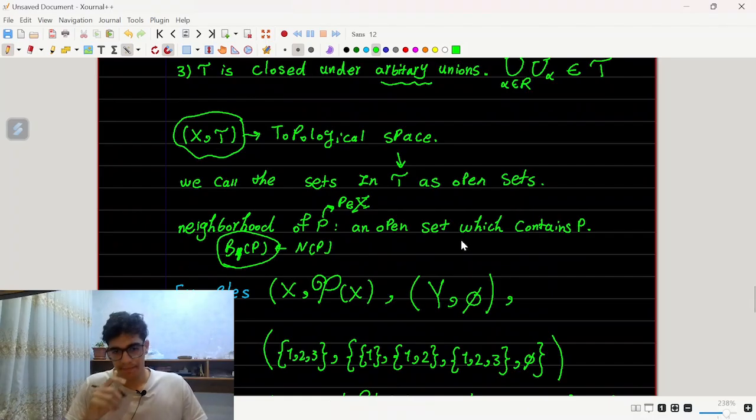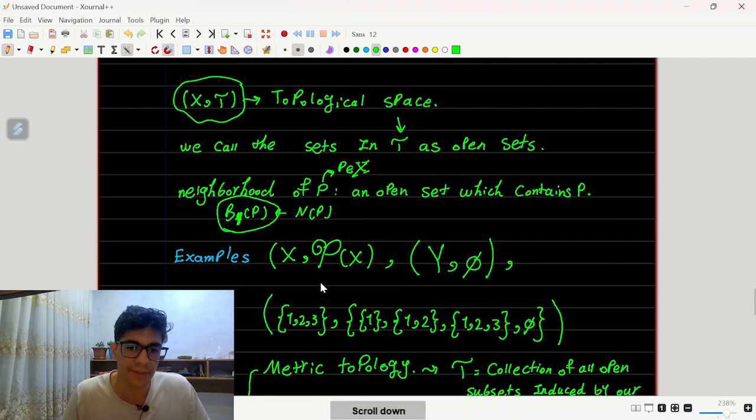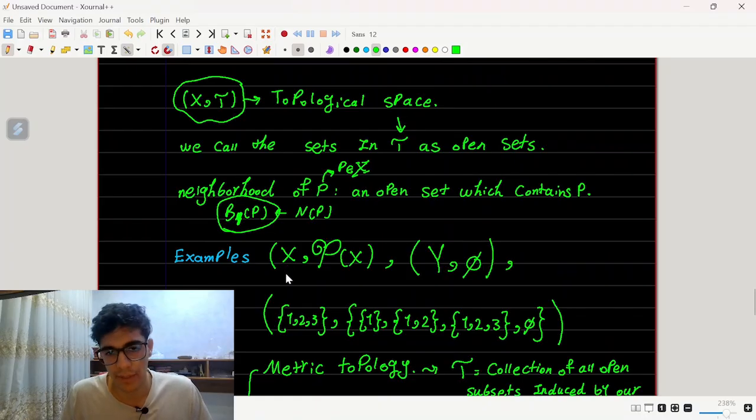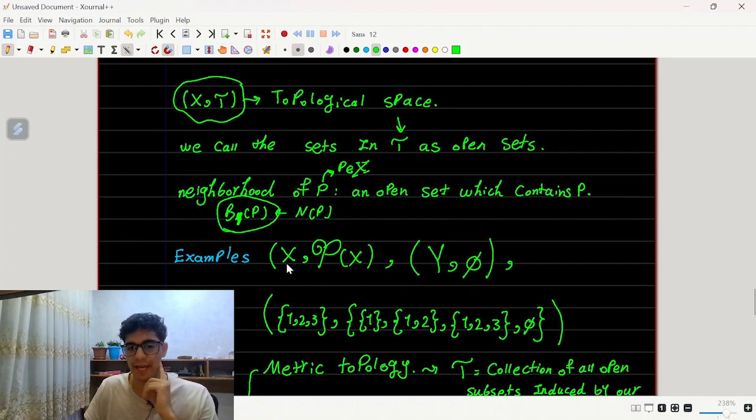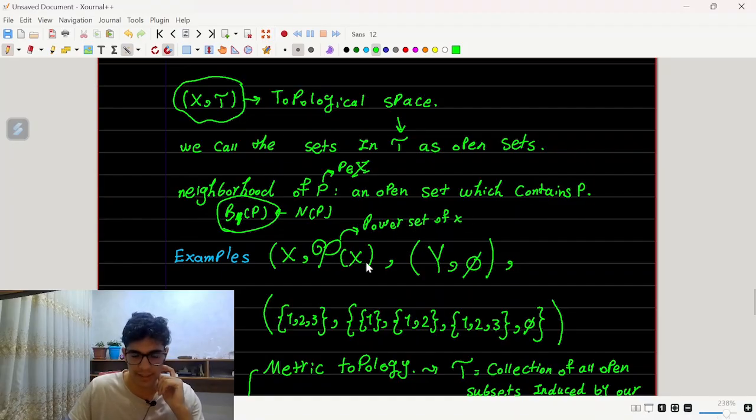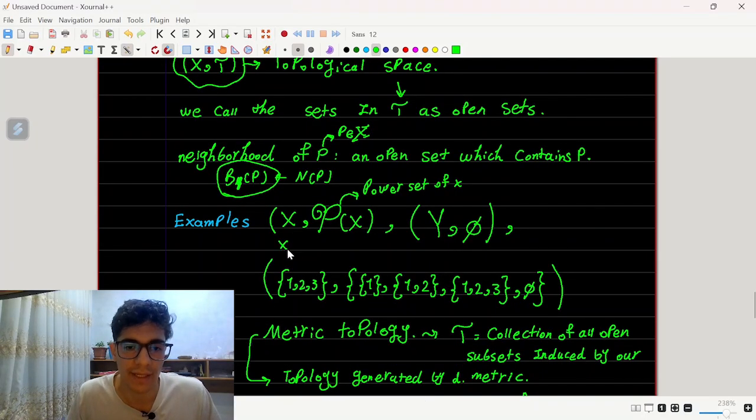We have some examples. Our first example is the topological space which consists of X and P of X. This is the power set of X. So why is this a topological space? Well, let's just go through that real quick. Obviously, X is a member of the power set of X, and so is the empty set.